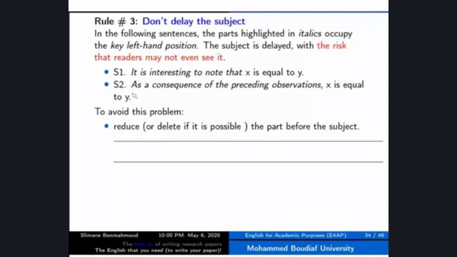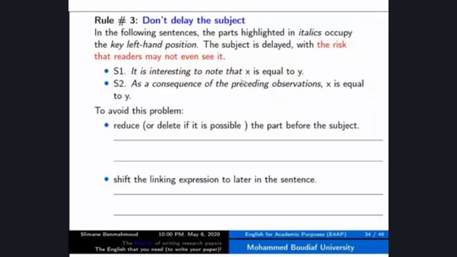Okay, let's try to apply this for the first sentence. We will try to reduce this gap or delete, if it is possible, the part before the subject. We will just say note that, and we are going to remove this. Note that x is equal to y. So the subject will be very, very close to the beginning of the sentence.